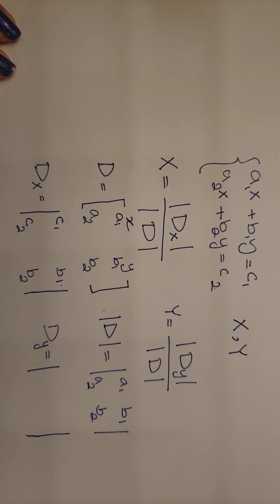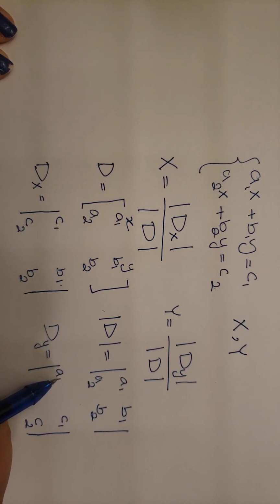To find dy, you have to replace the coefficients of y with c1 and c2, which are the constants, and then find the determinant. So for dy, the y column should be replaced by the constants, and the first column doesn't change.